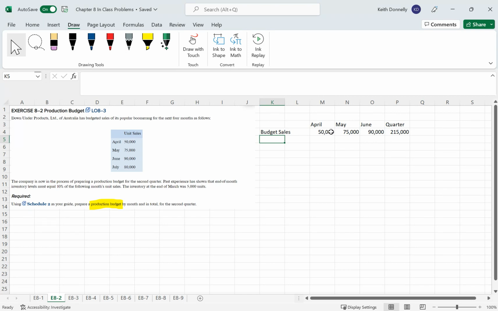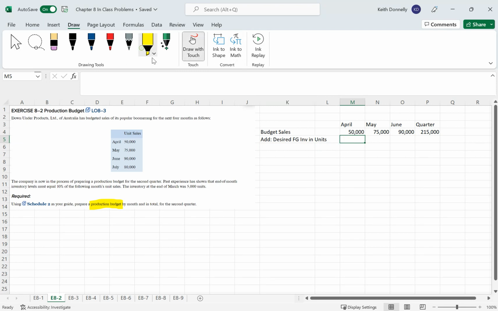The next thing we're going to have in our production budget is we need to add our desired finished goods inventory in units. Let me build this out a little bit. Now this one's a little bit tricky because we got to think about this. They're saying here that end of month inventory levels must equal 10% of the following month's unit sales. So in this case, our ending inventory at the end of April has to equal 10% of what our May sales are going to be.